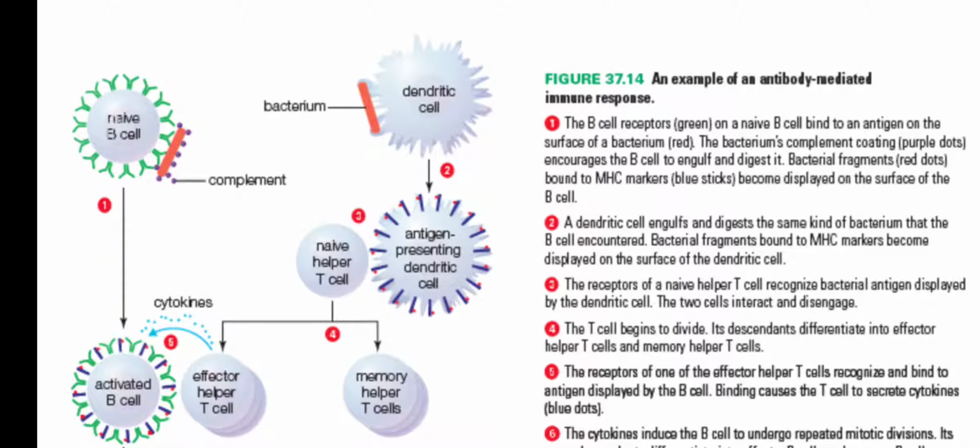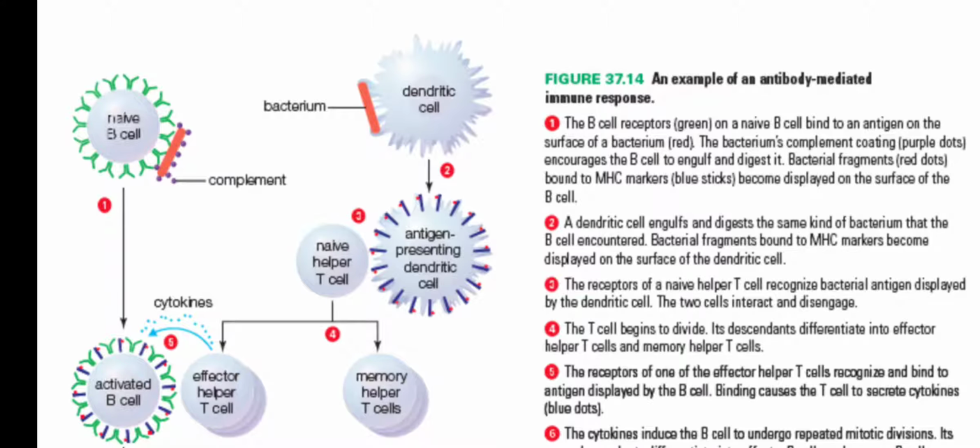For example, here is the bacteria. And then you have here receptors of the naive helper T cells that recognize the bacterial antigen displayed by the dendritic cells. The dendritic cell is the one that helps in identifying these pathogens, and it tells them, this is our enemy, look for it.